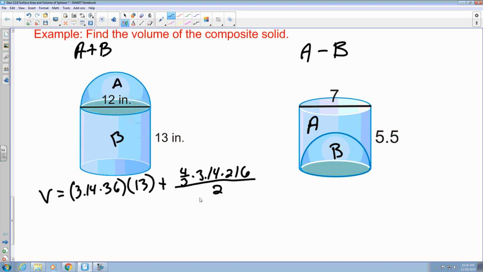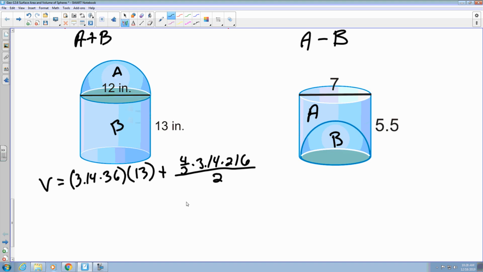So let's look at the volume of the cylinder first. If I take 13 for the height, times 36, which was r squared, times 3.14, I get 1,469.52. It gets added to the sphere, so now I have 216, which was r cubed, times 3.14, times 4/3.